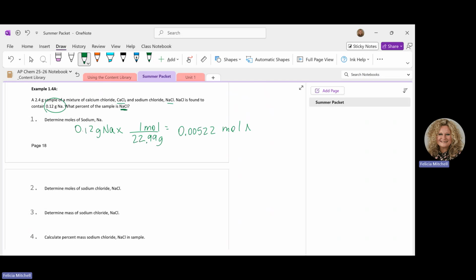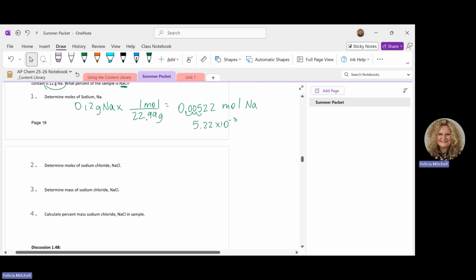Now, you can start doing scientific notation if you want. 5.22 times 10 to the negative third. If you want to go to tech, you probably should start doing scientific notation. You should get used to it. I don't do it often though. In AP would accept either way.